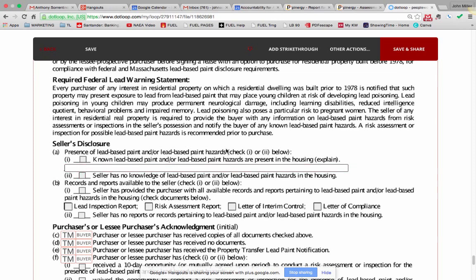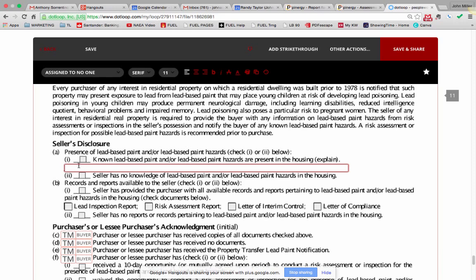And what does this word say right here? Check. Check one or two below. It does not say initial. However, you will see many people initial these boxes, and you're supposed to check one or the other, not both. So it's one or the other. Either the seller has known lead-based paint and/or lead-based paint hazards are present in the housing and they need to explain, so either check that off, or they check this off.